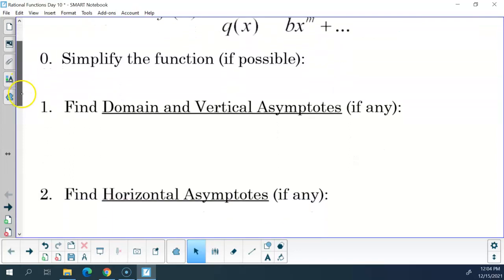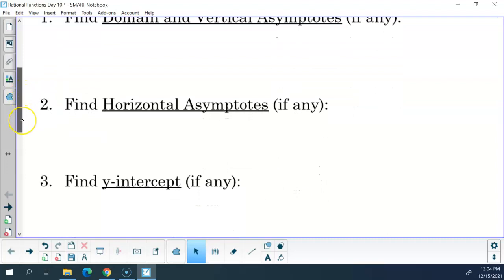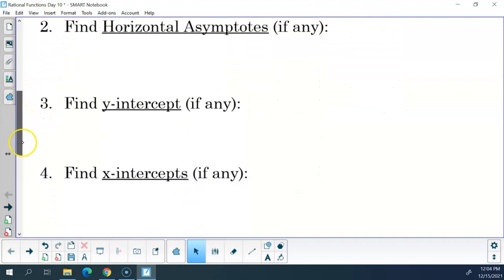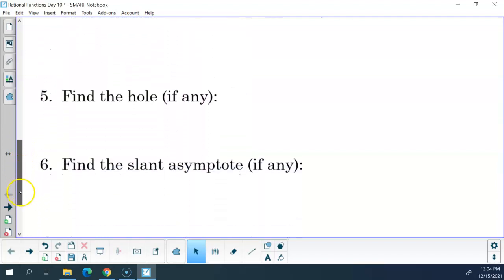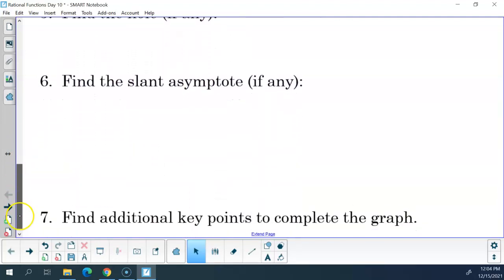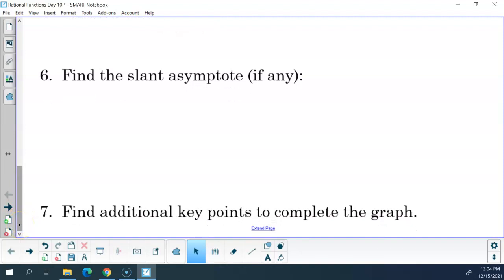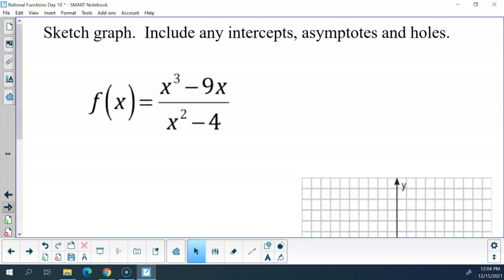Step 2, horizontal asymptotes. Step 3, y-intercept. Step 4, x-intercept. Step 5, hole. Step 6, slant asymptote. Step 7, more points to complete it. So that's your supplemental note sheet. It should be out right next to you while you're doing these type of problems.